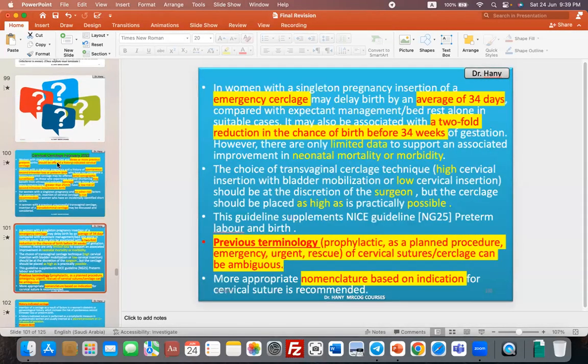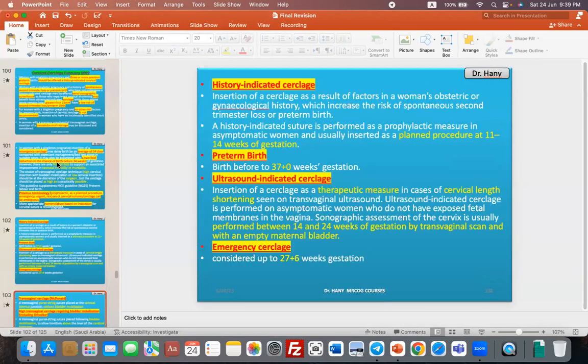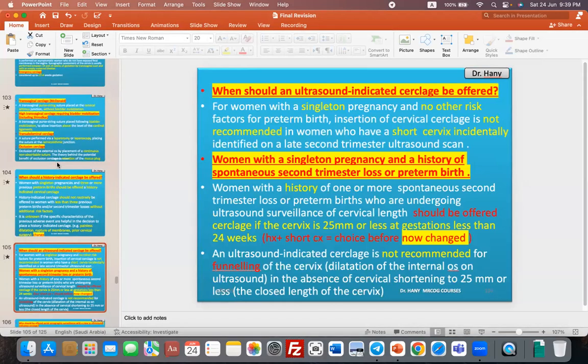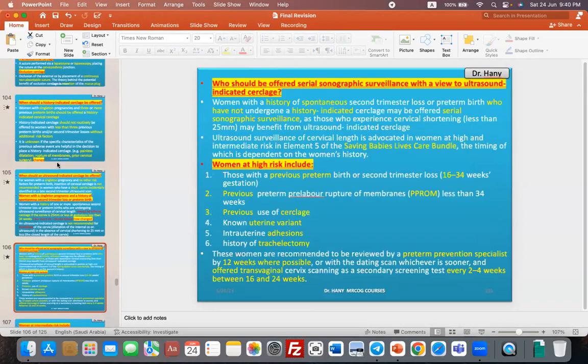You see here? Where is the ultrasound indicated? Here. These women who have a previous preterm labor or a previous PROM or a previous cerclage or a previous adhesion are women at high risk.